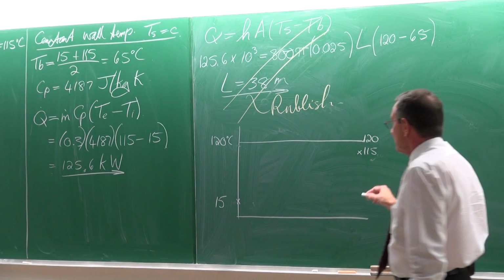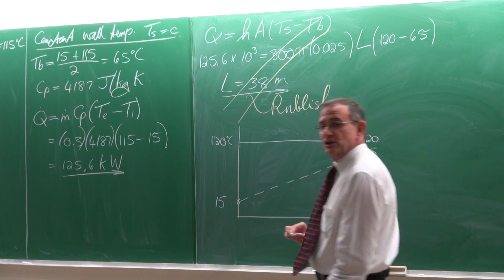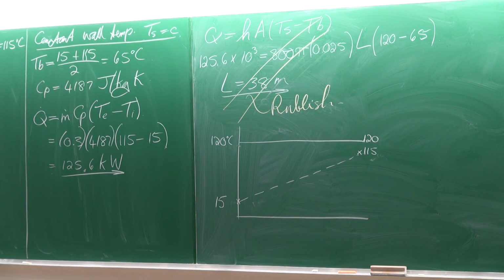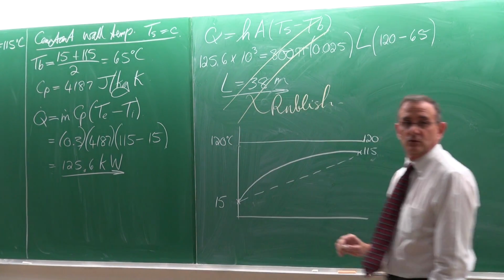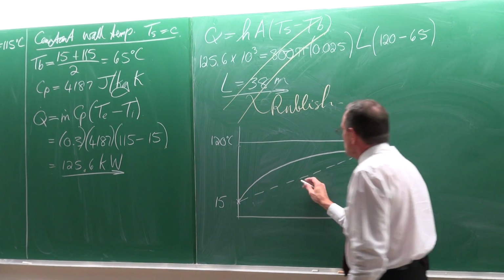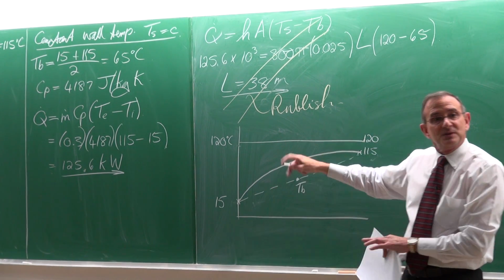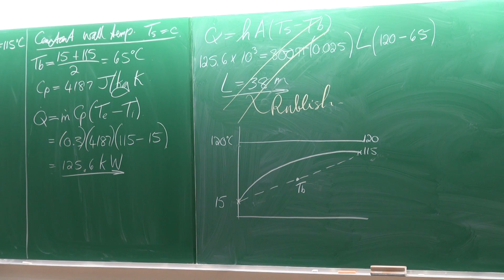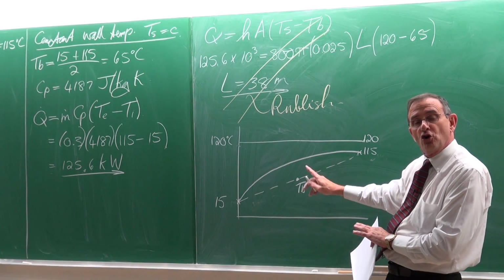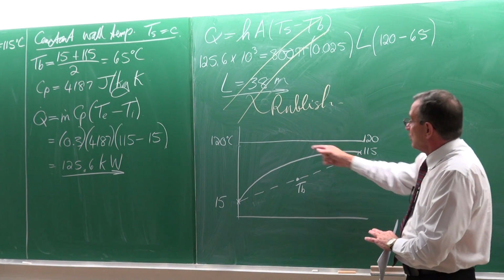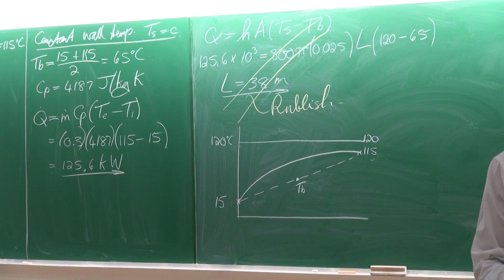And the trap is that the water temperature doesn't do that. The water temperature does something like that. And we have now used the bulk temperature as the temperature difference. The actual temperature difference is much less. Therefore, when you've got a constant wall temperature problem, you cannot use delta T. You have to use the LMTD, the log mean temperature difference.